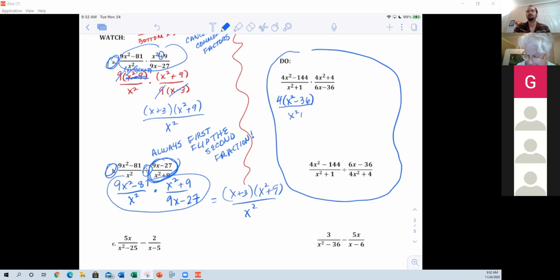Yep, because that's prime, just like what Aurora was saying earlier. And then the top right is 4 parentheses x squared plus 1. And then the last one is 6 parentheses x minus 6.